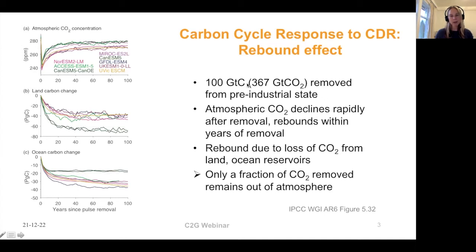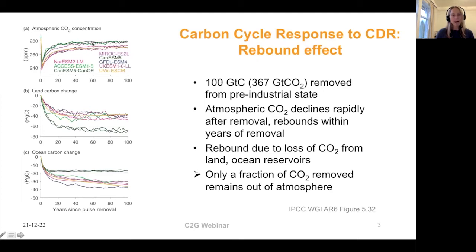metric tons of carbon, which corresponds to about 370 billion metric tons of carbon dioxide removal from the atmosphere. And this figure illustrates that after the removal, the atmospheric carbon dioxide concentration declines very rapidly and then rebounds within a few years of the removal.